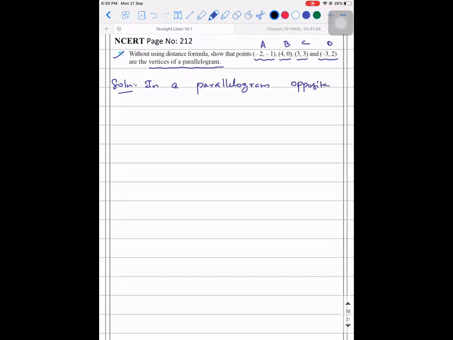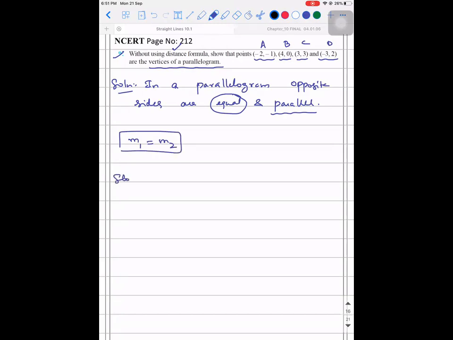Opposite sides are equal and parallel. If you have to prove that they are equal, we need to use the distance formula. That is what they mentioned in the question: you should not use the distance formula, but still you need to say it is a parallelogram. But in this chapter, we have something to do with parallelism. What is it? The slopes are equal.